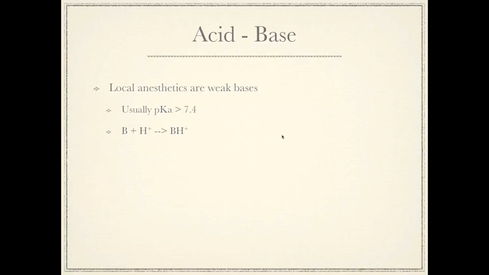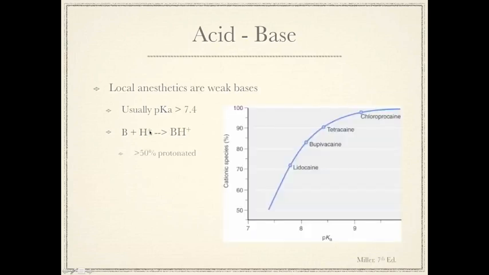And because of this, there are essentially excess hydrogen ions for this local anesthetic. And these excess hydrogen ions push equilibrium such that the majority of the local anesthetics are in their protonated form. Okay, and as the pKa is higher, it's further from the physiologic pH, and more of the local anesthetic is protonated. And this presents a problem as the local anesthetic needs to be non-charged in order to cross the lipid bilayer.